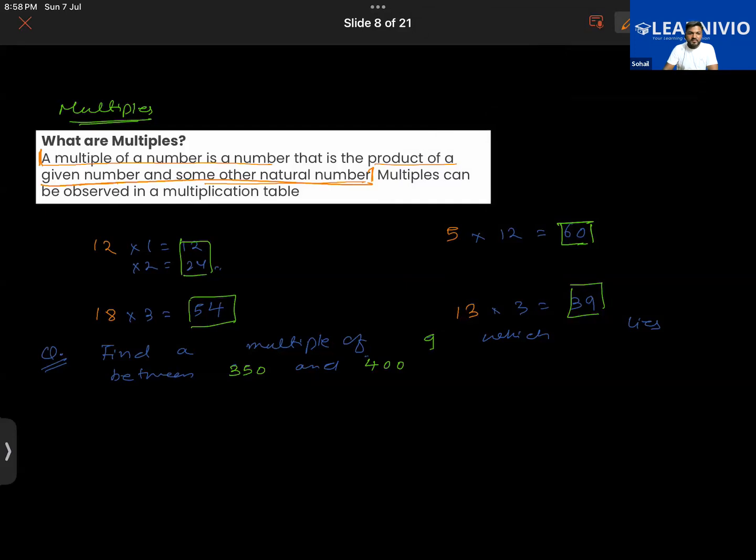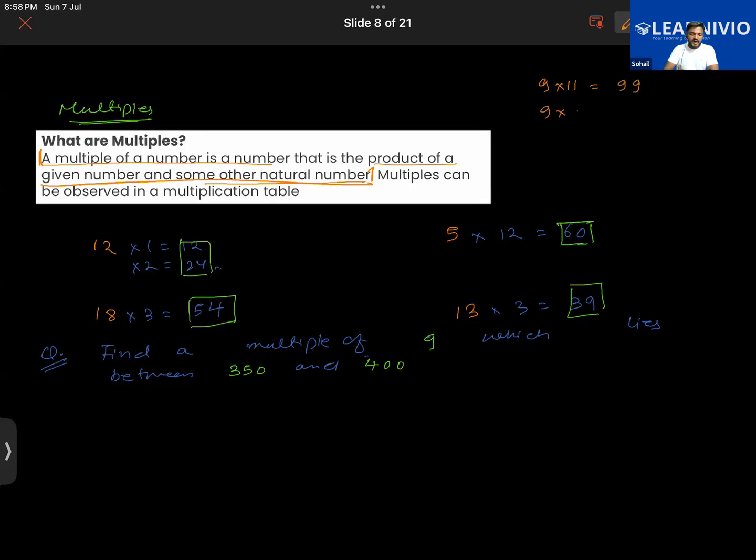Sumaya, you done writing the definition and example? Yes, just now I finished. Okay. See, you have to find a multiple of 9. Normally you have memorized the table of 9 up to 10 only. 9 tens are 90, up to that only. But multiples do not stop at 10. 9 elevens are 99, that is also a multiple of 9.